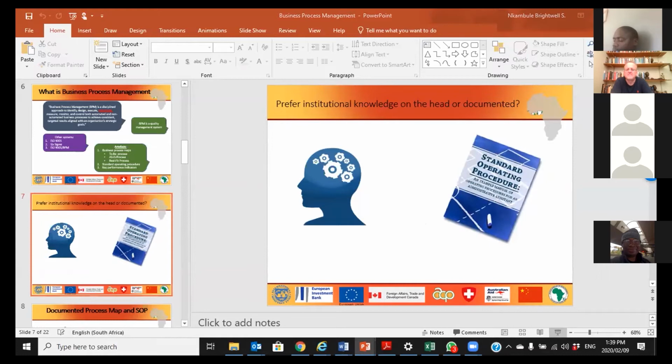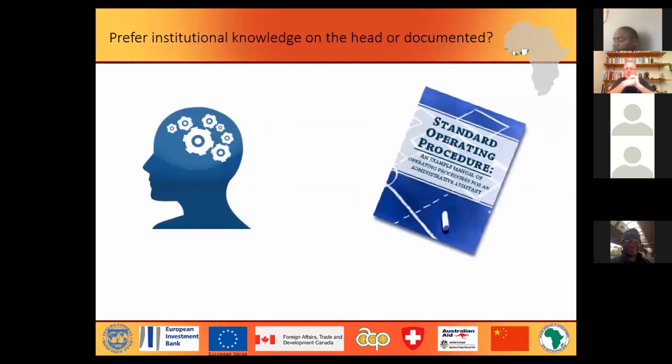So I want to start with this slide. We've been saying in the organization, what would we prefer? To have all the knowledge kept in our officers' craniums, or to reduce it to documents? And what is the risk of keeping the processes undocumented in our officers' brains?